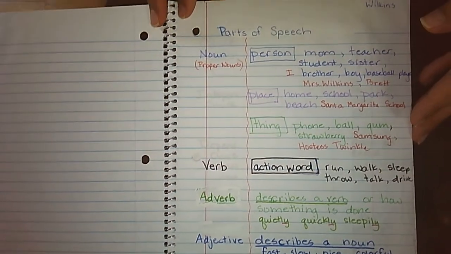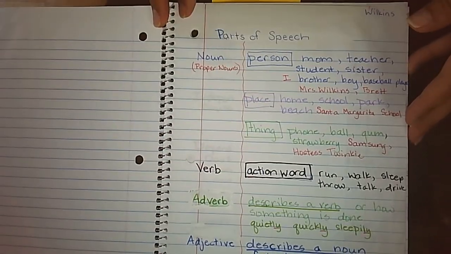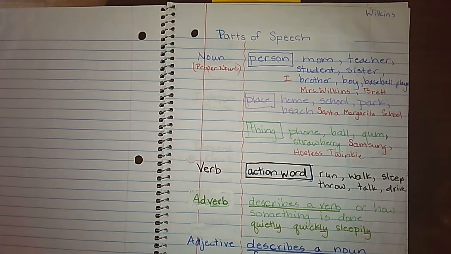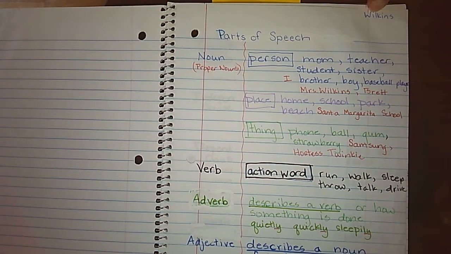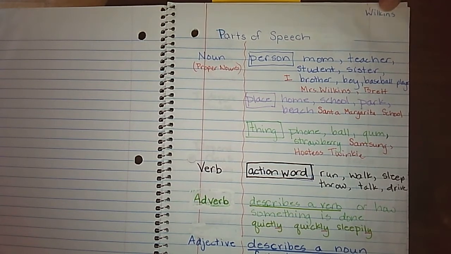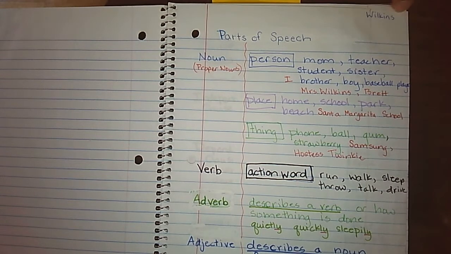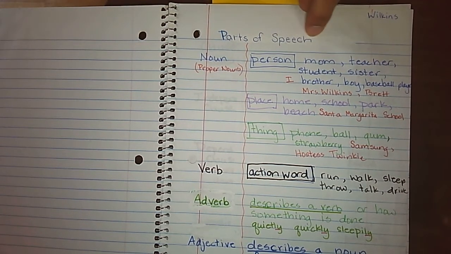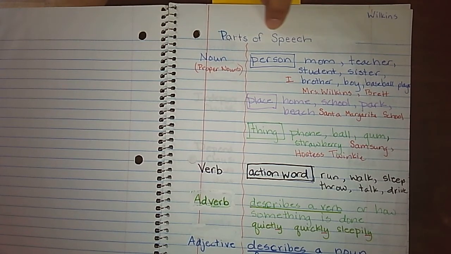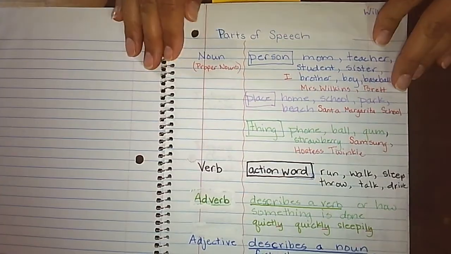So one of the very first things I tell students to do, especially because we'll be taking pictures of our notes, I want you to make sure you're putting your name up here so that when you take a picture and you turn it in for any reason, if all I see is the picture, since I don't see your face, it's like putting your name on it. All you have to do is put your last name right here. Make sure you put the title of what it is we're learning on that particular page. And then, like I said, draw a line.